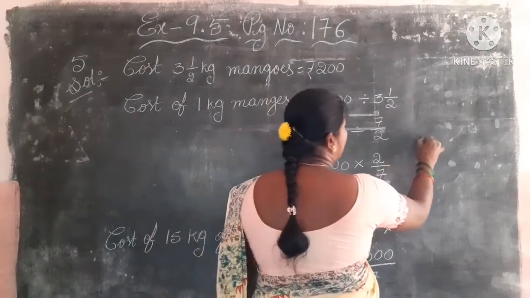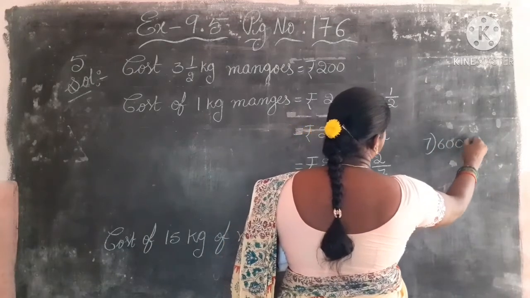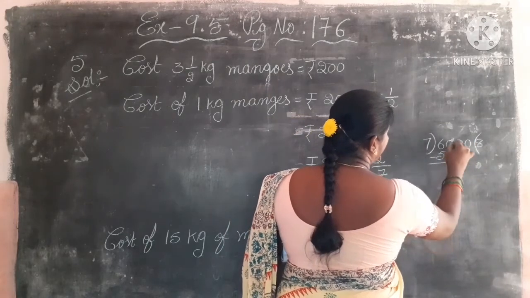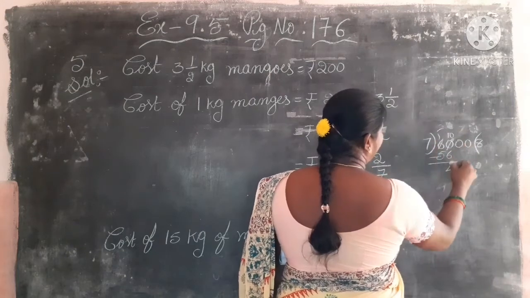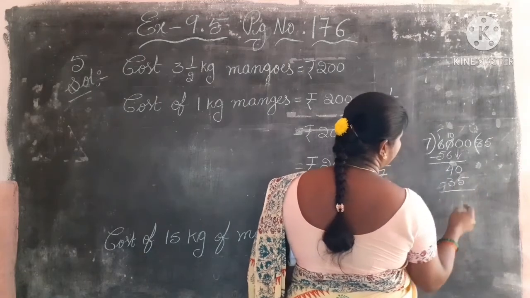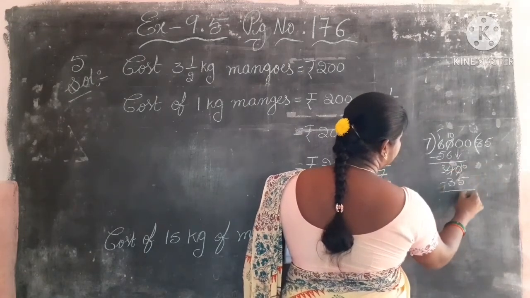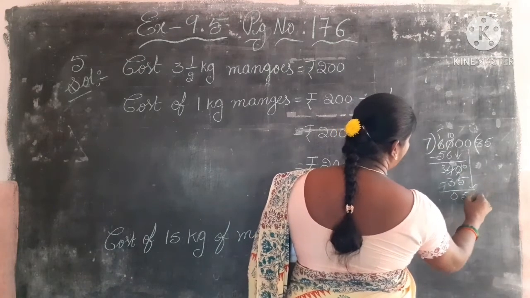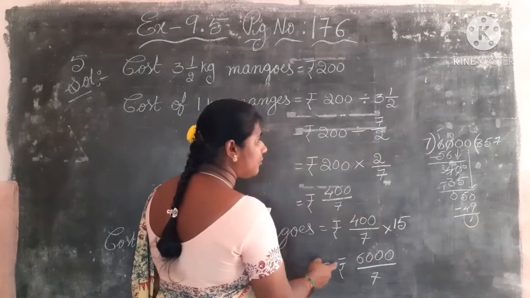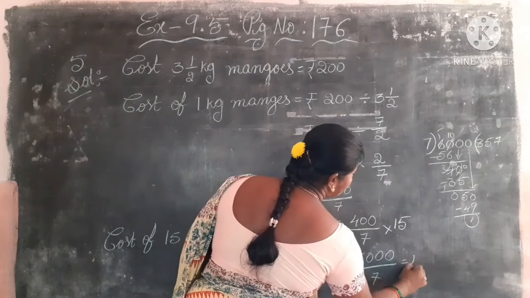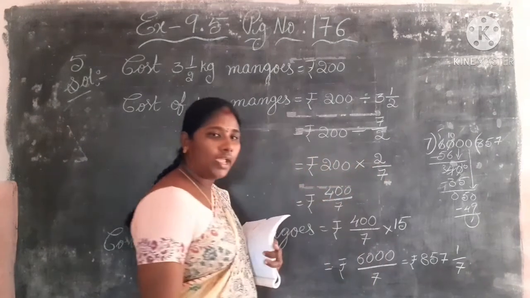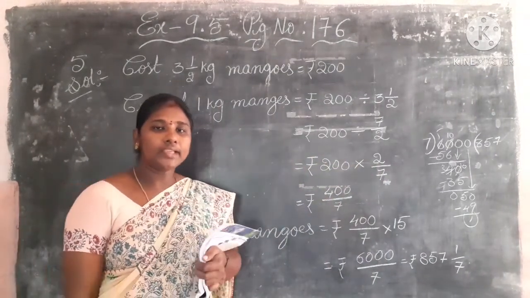So do the division with 7. 6000/7. 7 eights are 56. 60 minus 56 is 4. Bring down the 0. 7 fives are 35. 40 minus 35, 5. Bring down 0. 7 sevens are 49. 50 minus 49, 1. So the cost of 15 kg is rupees 857 1/7.